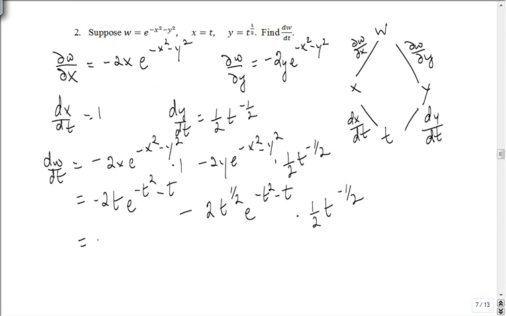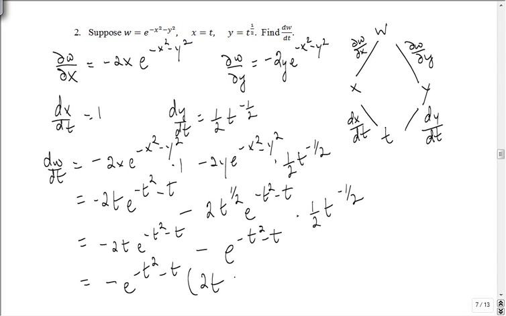This works out to be minus 2t e to the minus t squared minus t, minus, the 2's cancel, t to the half times t to the minus a half is 1. So that's e to the minus t squared minus t, which you can factor if you wish: minus e to the minus t squared minus t times 2t plus 1.